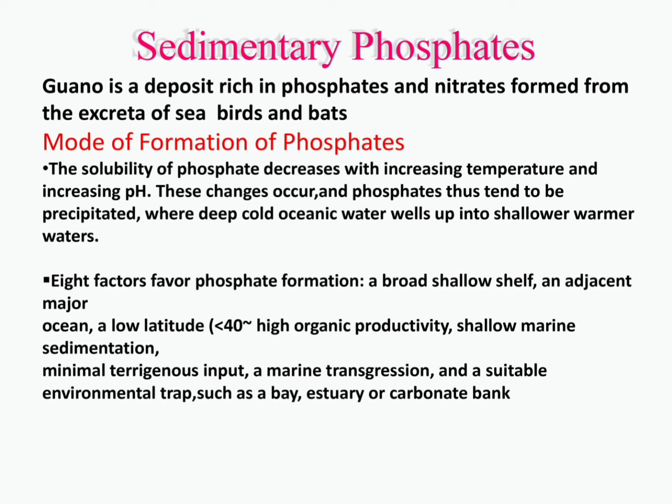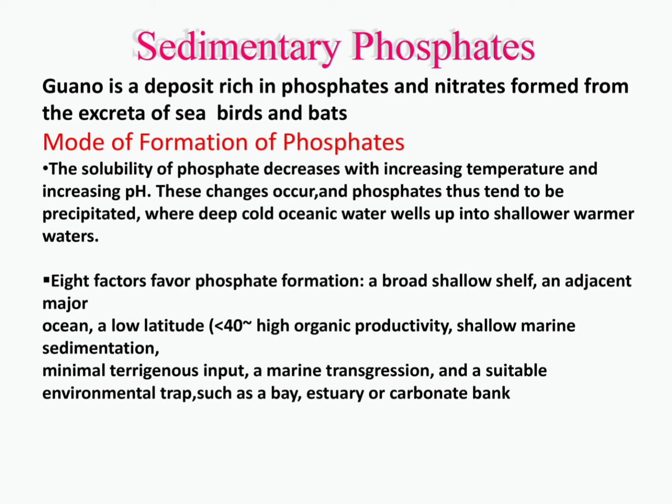Now the factors that favor phosphate formation. So this one is also important. You may get 4 right and 1 wrong and be asked to select which of these is wrong. Now the factors favoring phosphate formation: a broad, meaning wide, shallow shelf.